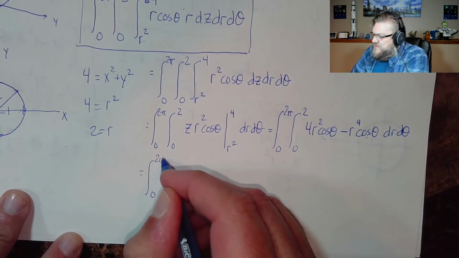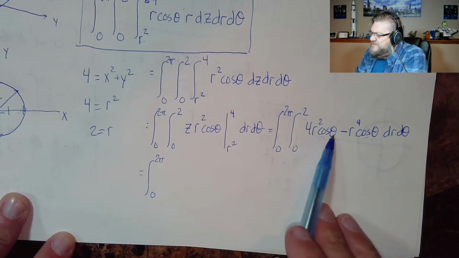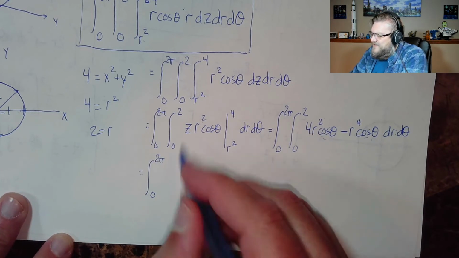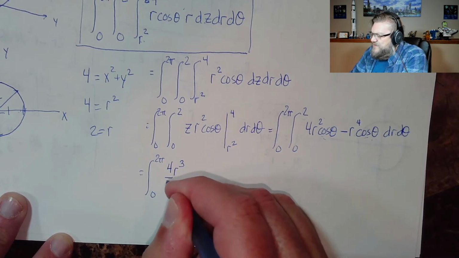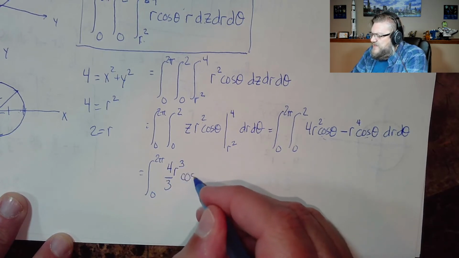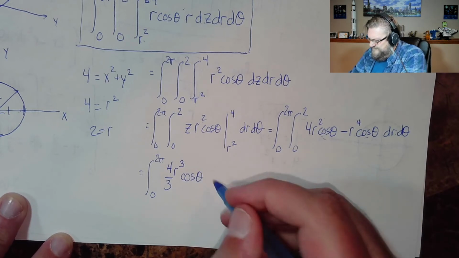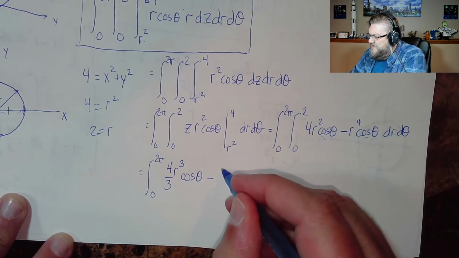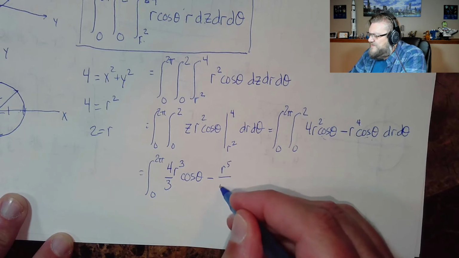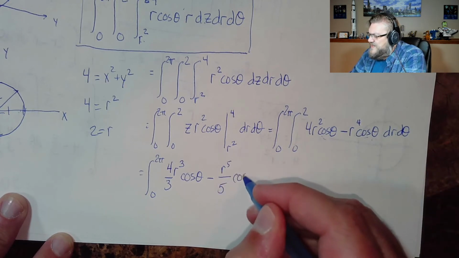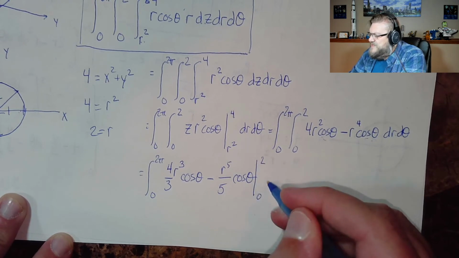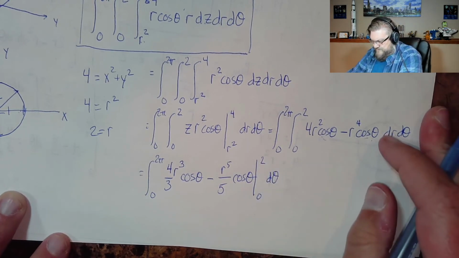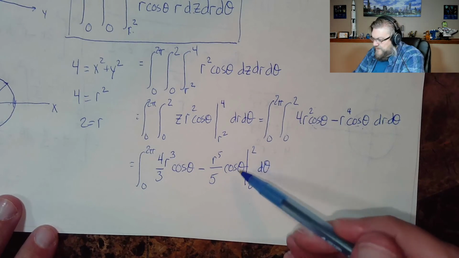So the integral from 0 to 2 pi of, let's go ahead and do this antiderivative. We're going to say r cubed. The 4 is still out in front, divided by 3 times cosine of theta, minus r to the 5th, divided by 5 cosine of theta, evaluated from 0 to 2, d theta. And now I'm plugging in for r, right?